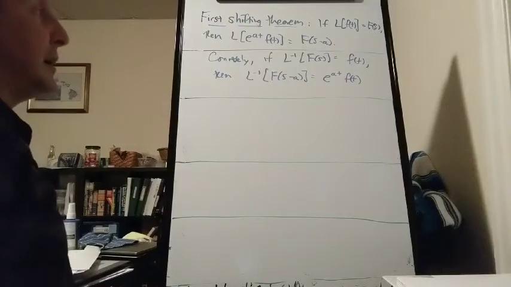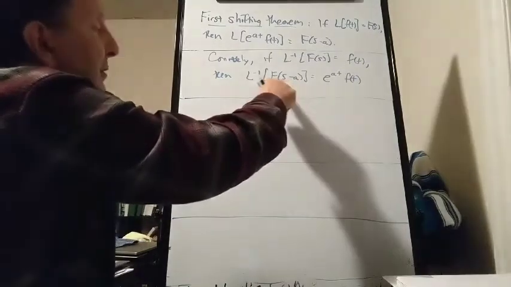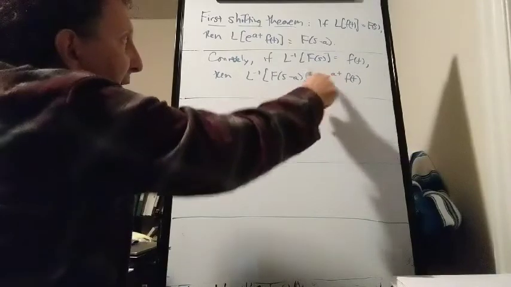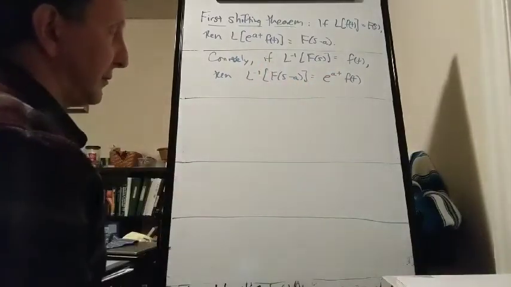So if we ever see s minus a constant where we wish there were just an s, it's actually not too hard to perform the inverse Laplace transform. We're just going to multiply by e to the at and pretend that we're just an s.